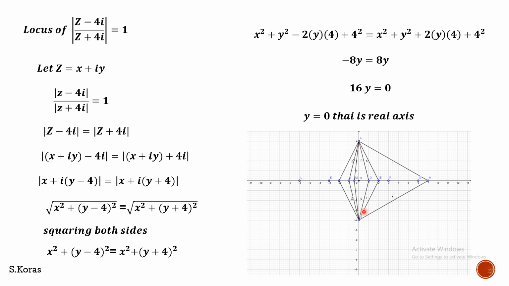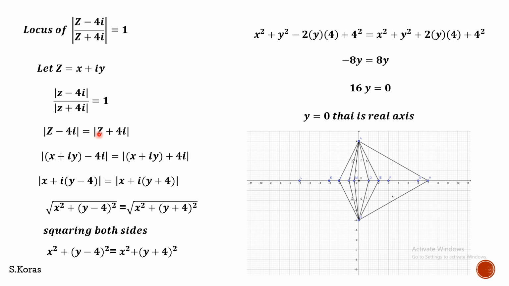Now the condition says a point z, this variable point z, is moving in such a way that the distance from this point to that moving point should be equal to the distance from this point to this moving point.